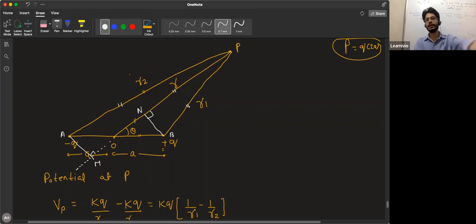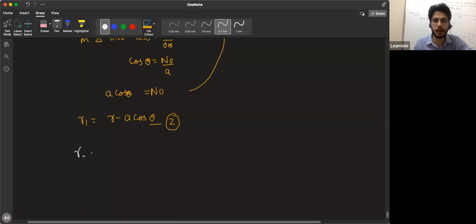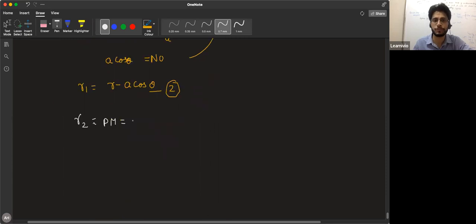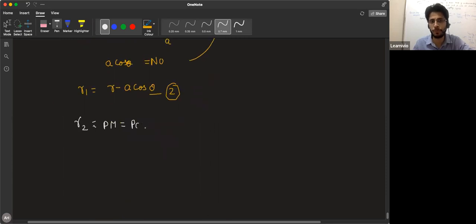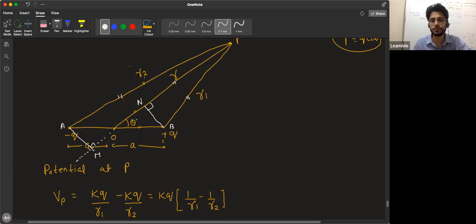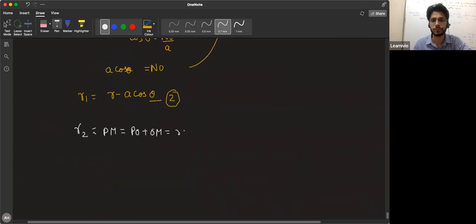So I can say that R2 is equal to PM. PM is PO plus OM. How much is PO? PO is R, plus OM.